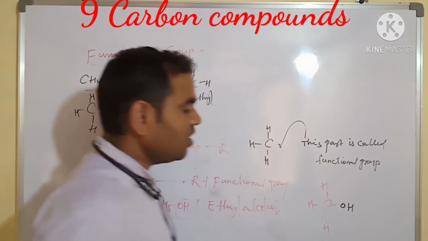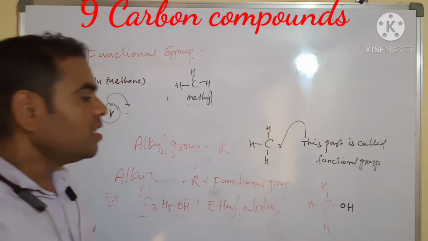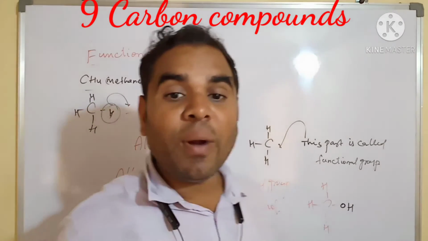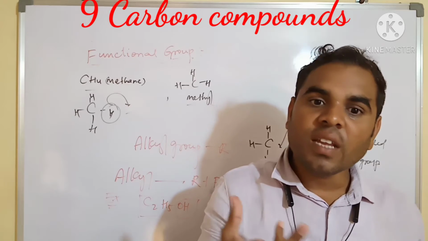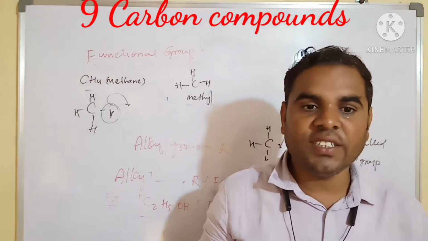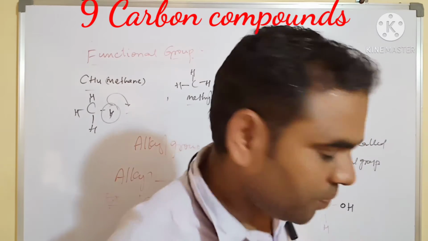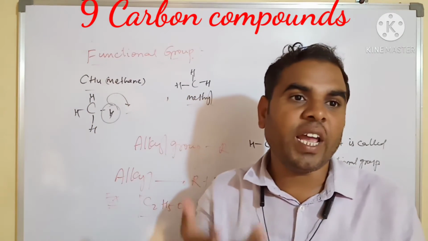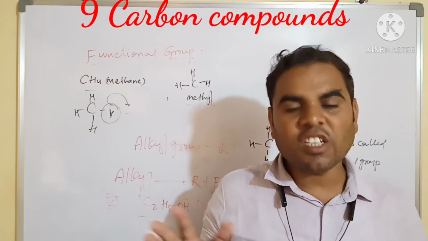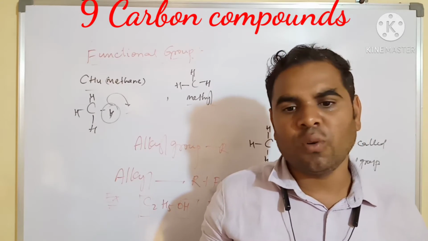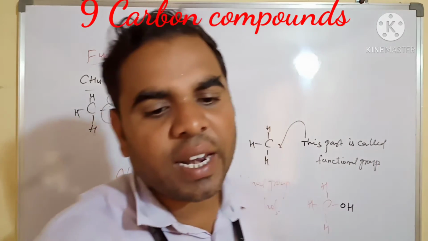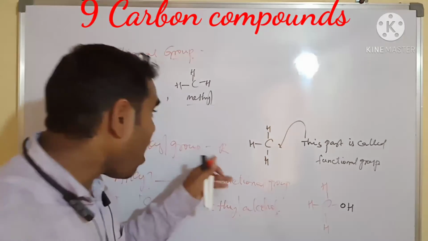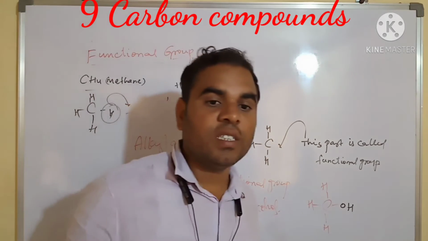We call this methanol. Adding a group like this means the chemical properties are changed. Next, methyl, ethyl, butyl, pentane, propane, all of these are alkyl groups. That's why for the alkyl group we indicate only R.